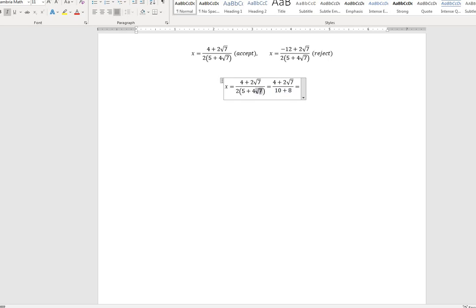Okay, 10 plus 8 square root 7. Alright, so we are going to rationalize this one, since the denominator cannot have a radical term in it.